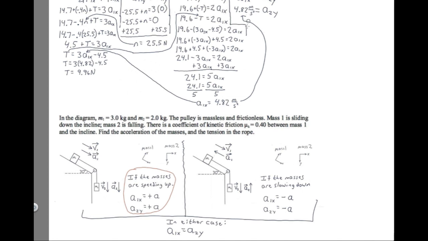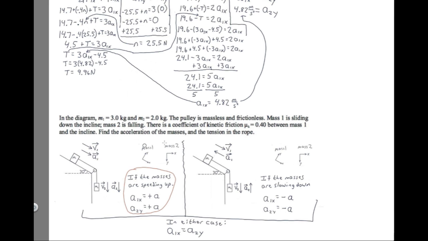So since these results came out to be positive, that indicates that the masses are speeding up. As this slides down the hill and as this falls, they'll be speeding up. That certainly makes good sense.